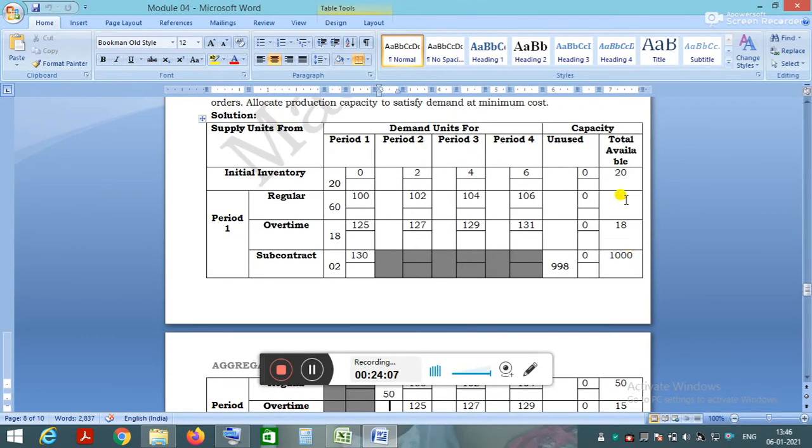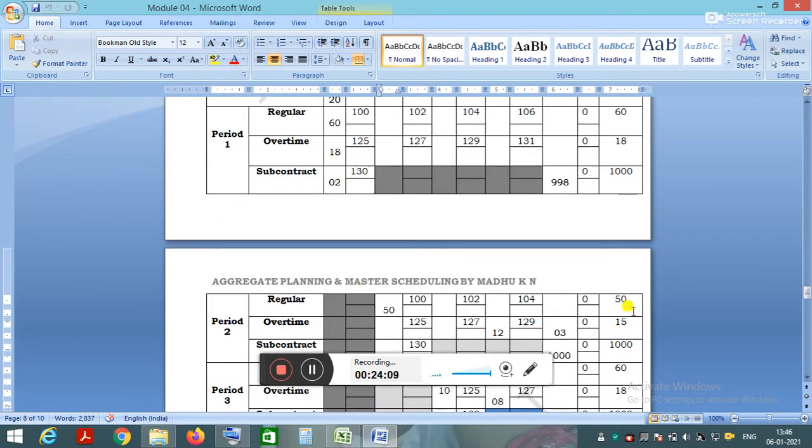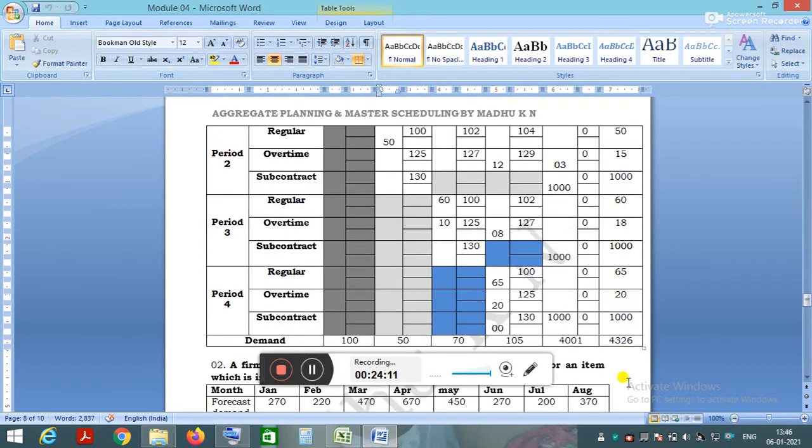If you add 20, 60, 18, 1000, 50, 15, it becomes 4326. This is the transportation model table where we assigned the products and manufactured them to meet the demand at minimum cost. This is all about the transportation model.